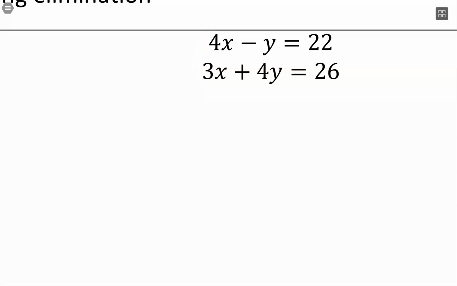So something that has to happen, one needs to be positive and one needs to be negative. So with these, I would need to multiply one of them by a negative number, and then one of them would stay positive. Then what I need is for the numerical coefficients to have the same number.